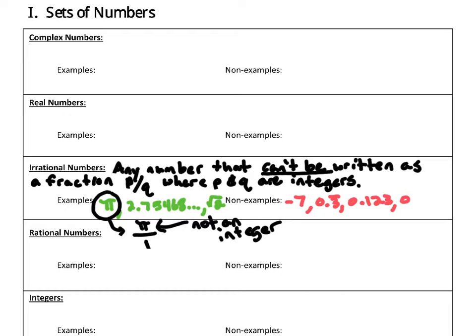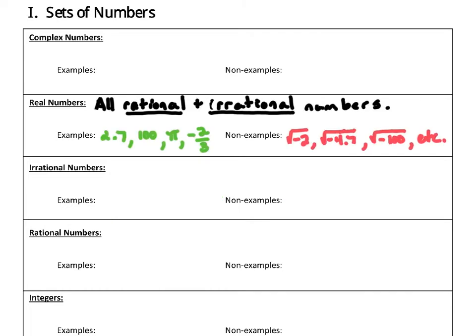So all of the numbers in green are what we would call irrational, meaning there's no way we could write those as fractions. The second to last number system on our list here are the real numbers. And using definitions we have previously written down, we will define real numbers to be all rational numbers plus all irrational numbers.